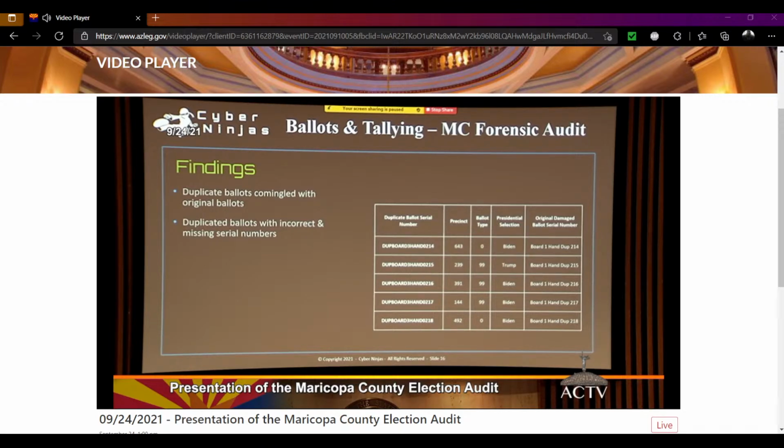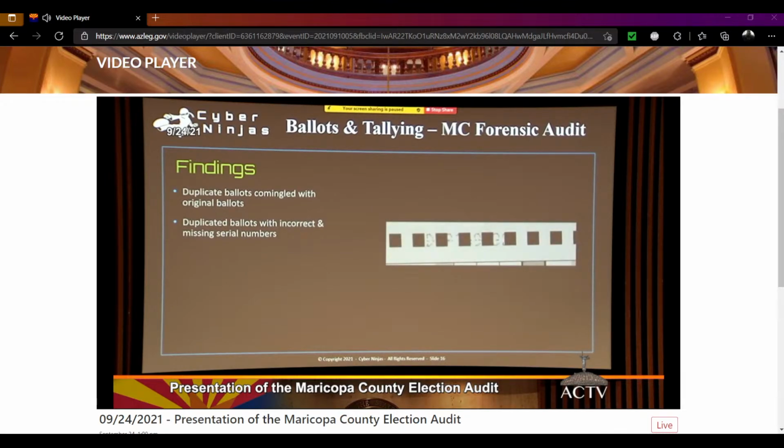On the left-hand side, it says dupe board 3, hand 0 to 114. On the right, it says board 1, hand dupe 214. We were able to match these up because of the ballot characteristics and the precinct that it came from, but it's a very painful process, and it has to be done manually in order to figure out what matches to what else when they're not actually stamped with the same exact serial number.